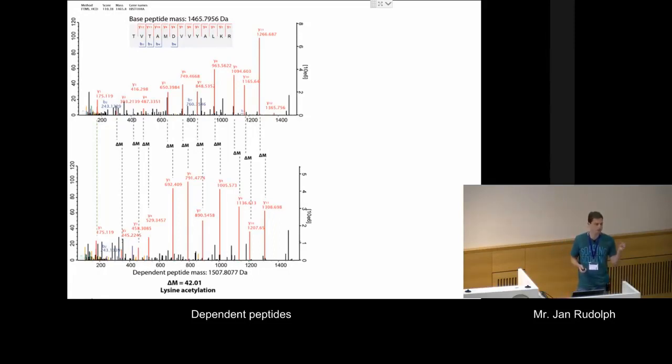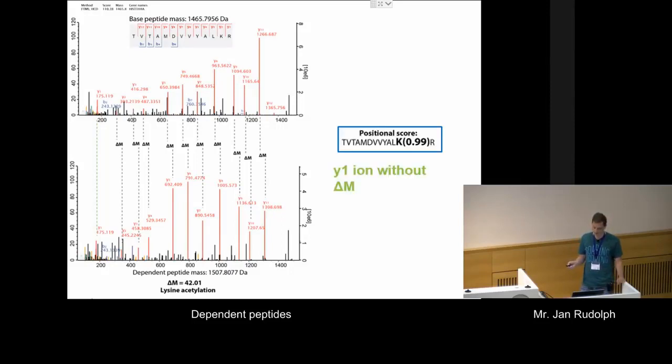And due to the size of the mass shift, we can say that there was a lysine acetylation on this specific amino acid. And since the spectrum is quite nice in this case, we can be very, very sure about the localization of the acetylation. So we cannot really explain it any other way but that it's actually located on this very first amino acid.